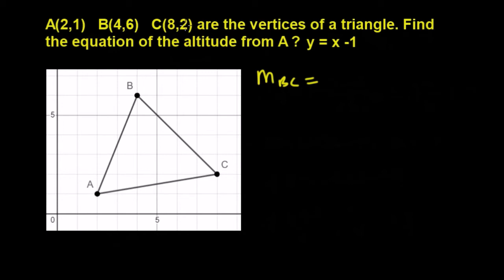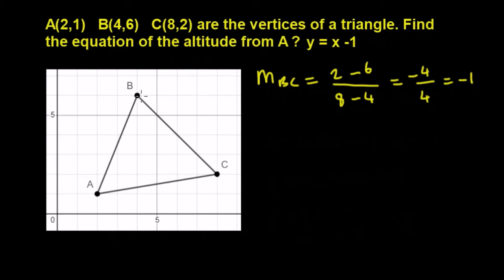So there's B and C, so we could say 2 minus 6 upon 8 minus 4. So the gradient is going to be 2 minus 6, which is minus 4, upon 8 minus 4, which is 4. So the gradient is minus 1. So the gradient of this line here is minus 1.